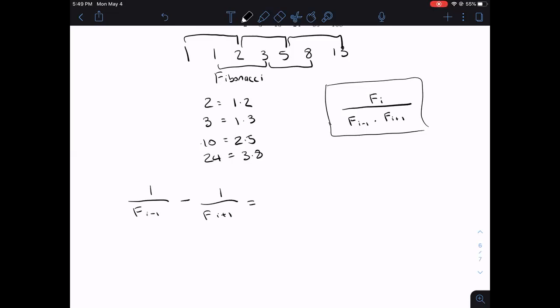Just by giving a common denominator, this is f_{i+1} minus f_{i-1} over f_{i-1} times f_{i+1}. How do we simplify the numerator?